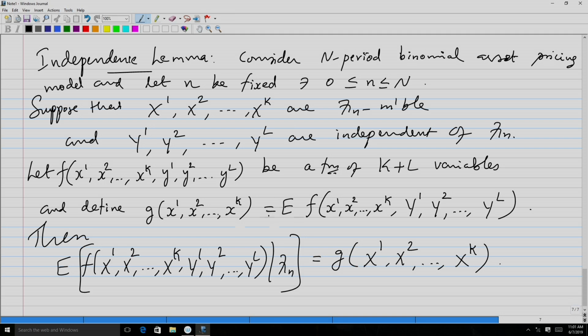In the binomial model case, of course, whichever measure you want to consider, you will put accordingly. So, you compute the expectation of this function of these random variables. Remember, this part is a function of these dummy variables x1 to xk and the random variables y1 to yl. So, you compute the expectation with respect to these L random variables by keeping the dummy variables fixed, then you get this function, and you replace the dummy variables by the corresponding random variables. So, that is what this expectation is. So, this is what it gives.